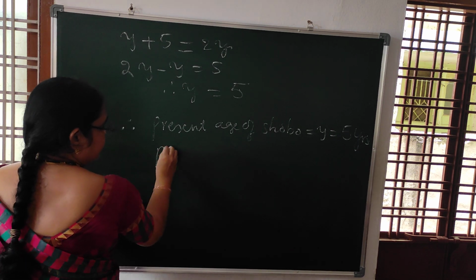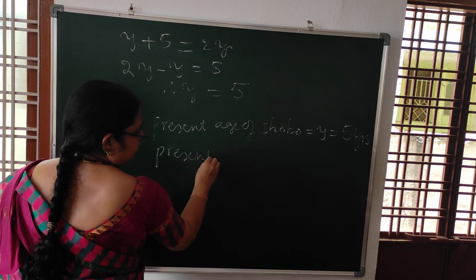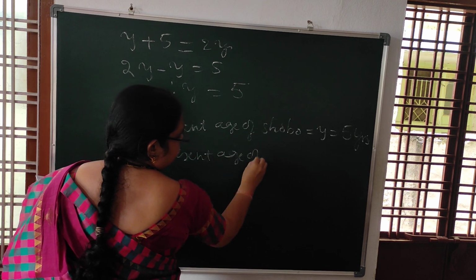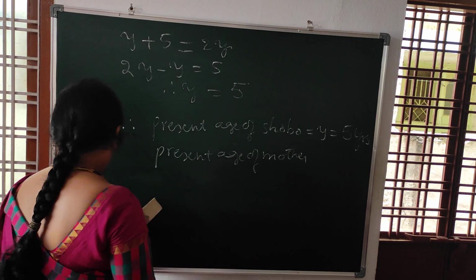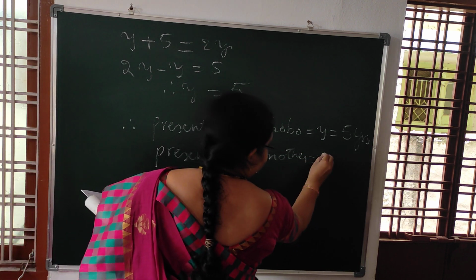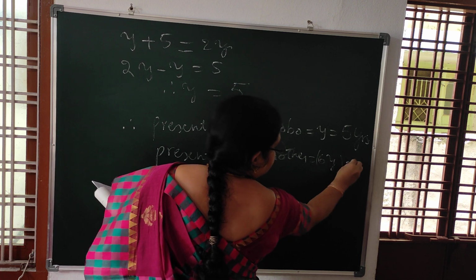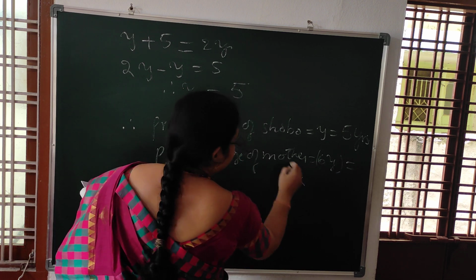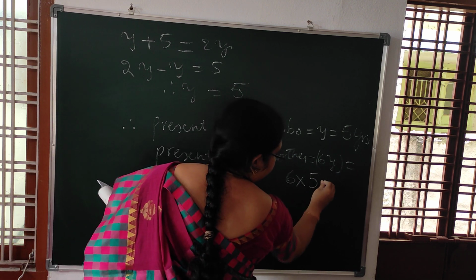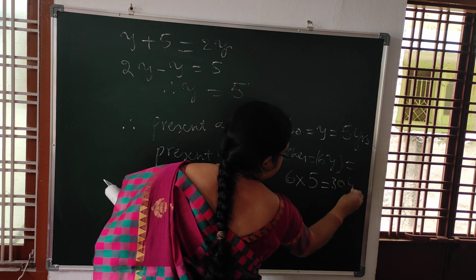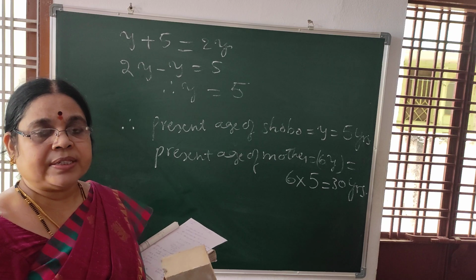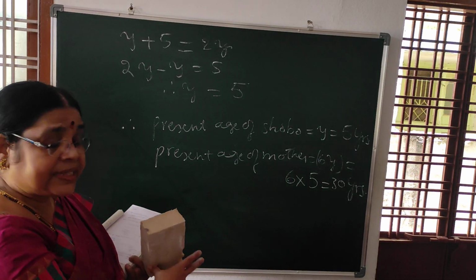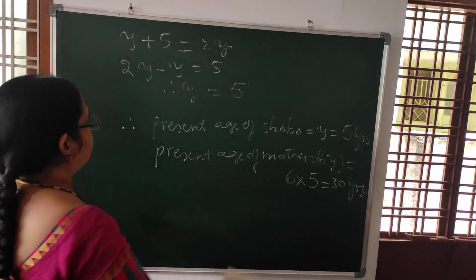Next, the present age of the mother is 6y. That means 6 into y, and y is 5 years, so 6 into 5 is 30 years. Therefore, Shobo's age is 5 years and his mother's present age is 30 years.